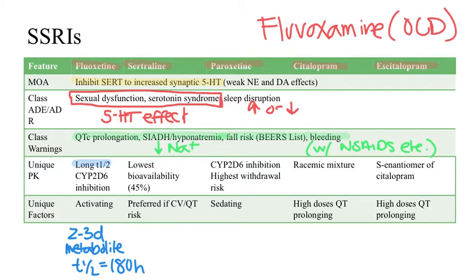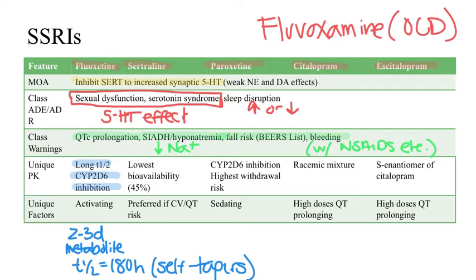But upon discontinuation, there is also a self-taper associated with fluoxetine. And this means that there does not have to be a stepped down taper because of that long half-life, and fluoxetine has a much lower risk of a withdrawal syndrome upon discontinuation. Fluoxetine also inhibits the cytochrome P450 CYP2D6, and this may be problematic in polypharmacy.